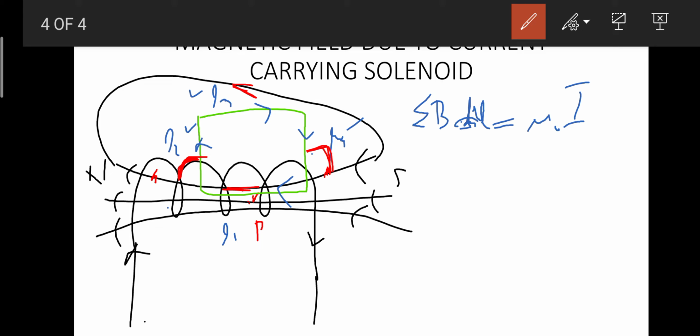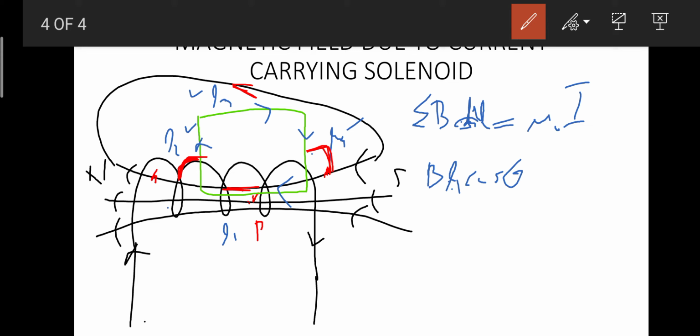Now we know that for the whole configuration, what is going to happen for L1. If I want to determine this for the L1 side, we have an angle of 0 degree between B and L, right? So for the first side, the dot product would be reduced, and I would write B L1 cos theta.